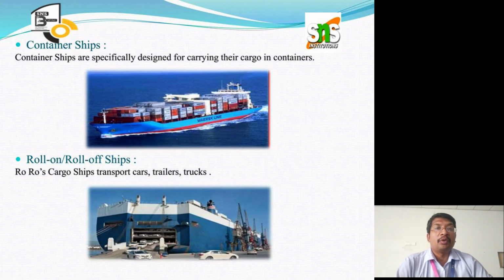These cargo ships transport cars, trailers, and trucks. If we are going to export thousands of cars, we use these ships. You can also take trailers and trucks. Everything of this kind we carry on a roll-on, roll-off ship.